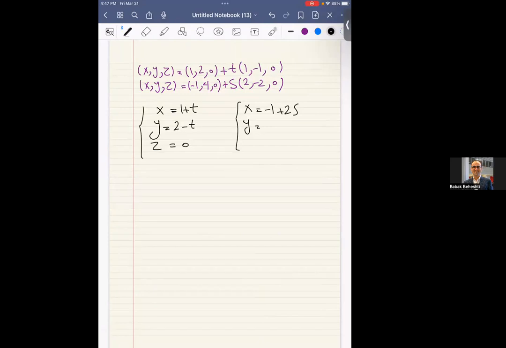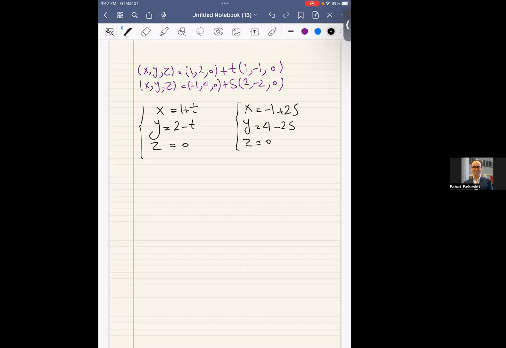So the parametric equation of the second line is x equal to -1 plus 2s, y equal to 4 minus 2s, and z equal to 0. First of all, z is 0 for both of them, so that is good.